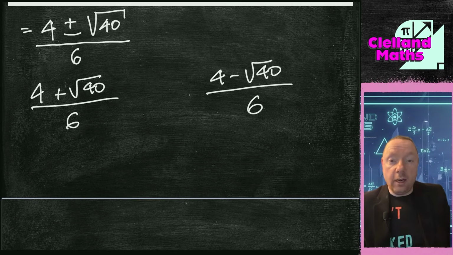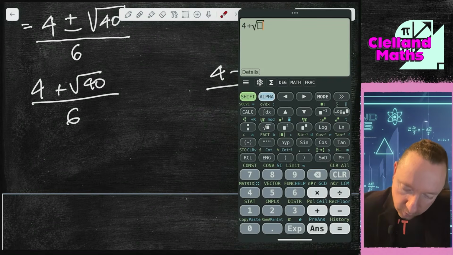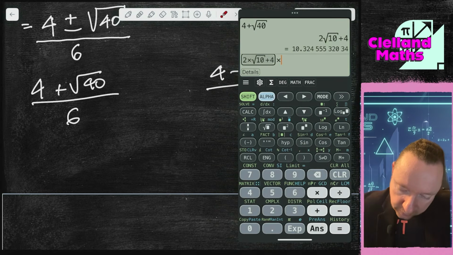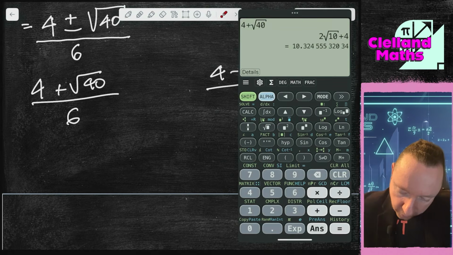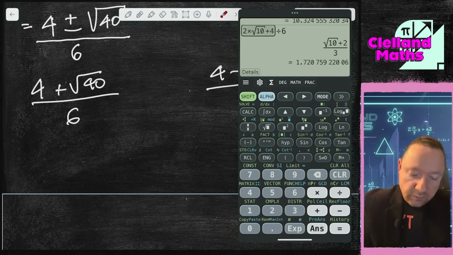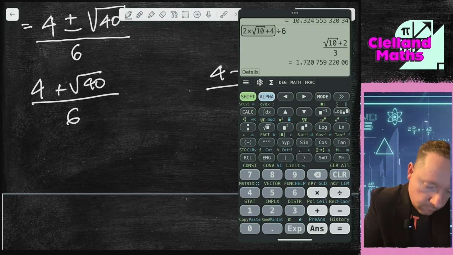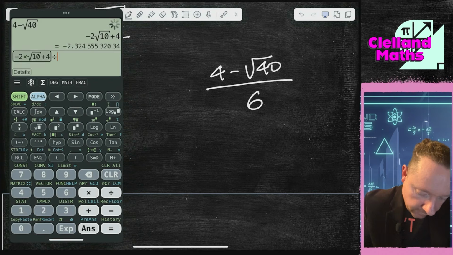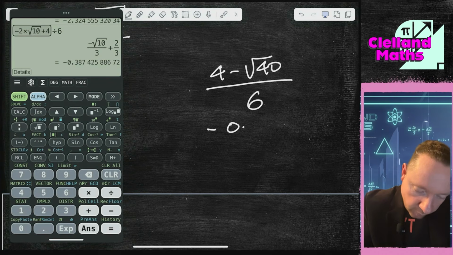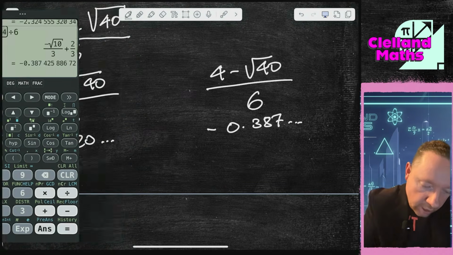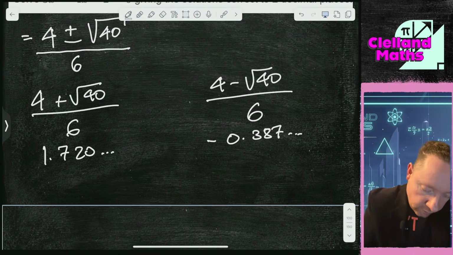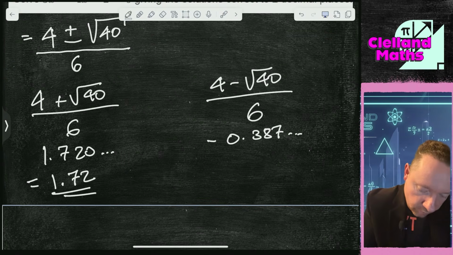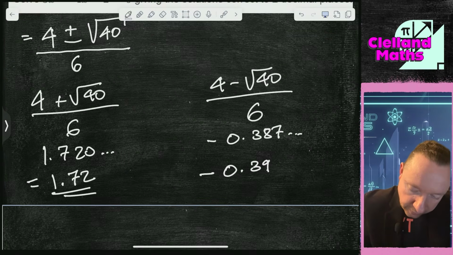Now we just get a calculator to work that out. 4 plus root 40 equals, divided by 6, equals 1.720 with a few other numbers. 4 minus root 40 divided by 6 is minus 0.387 with a bunch of other numbers. They usually ask you for 2 decimal places. So this one is 1.72, and this one is minus 0.39.